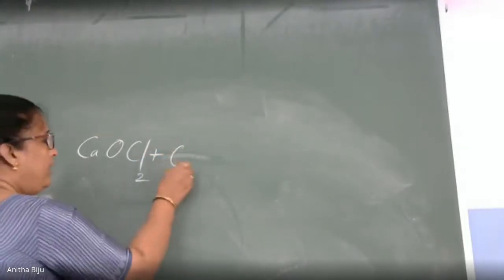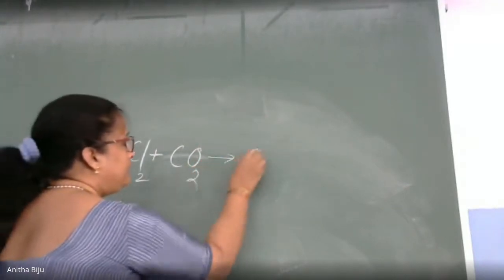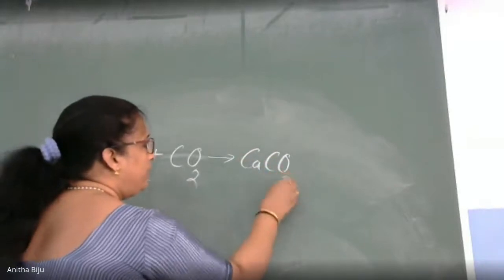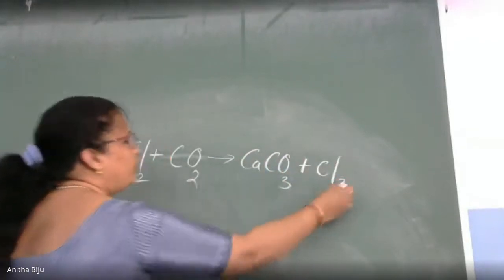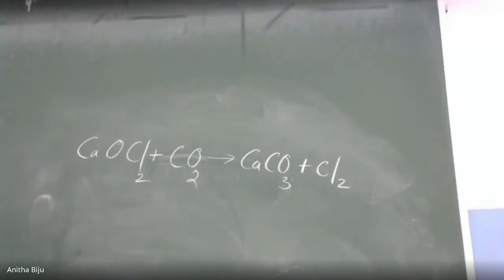Besides that, there is one more component present in a very small proportion, and that is none other than carbon dioxide. So bleaching powder reacts with carbon dioxide, forming two products, CaCO3 plus Cl2. These are the products obtained when we expose bleaching powder to air.